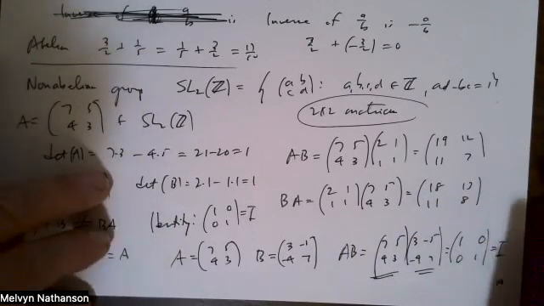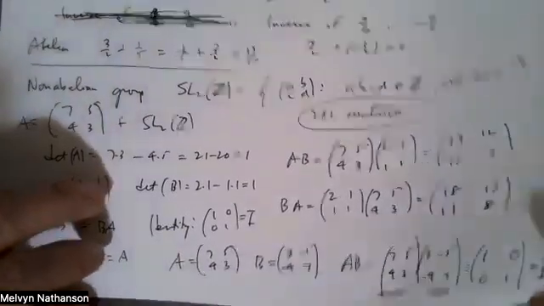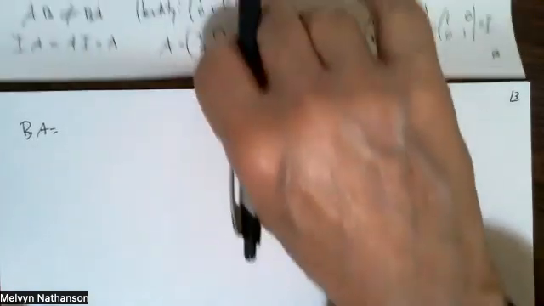And I should double check that it works in the opposite order. So let me do that, because it's a nice calculation to see. So suppose I multiply in the opposite order.